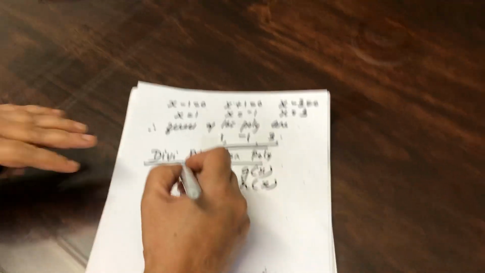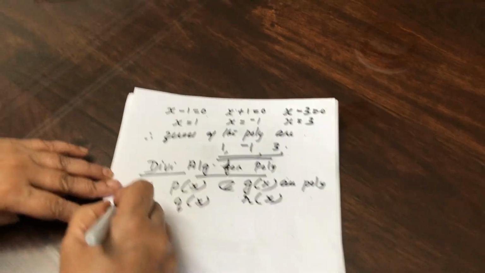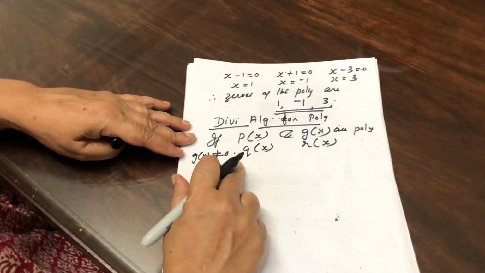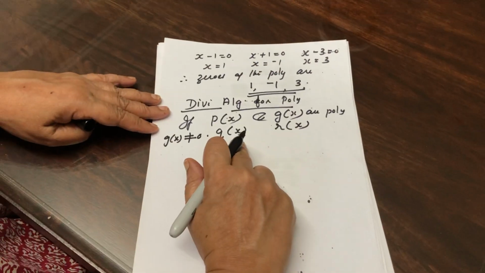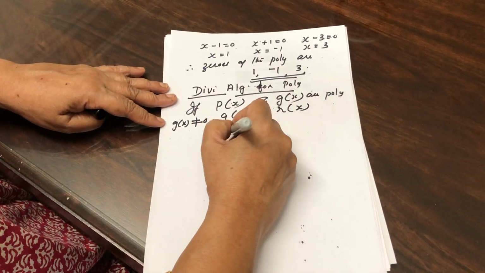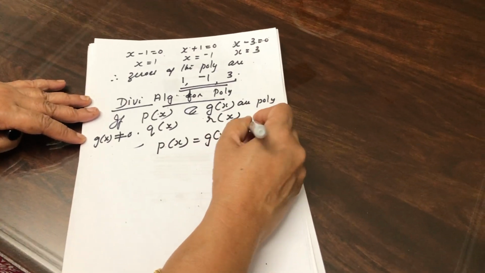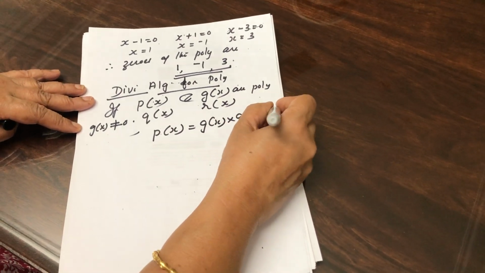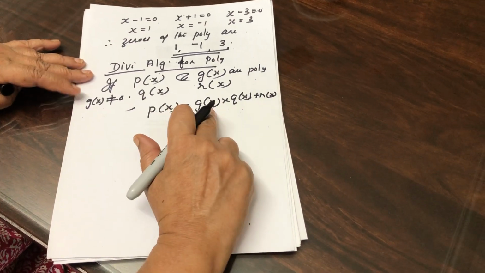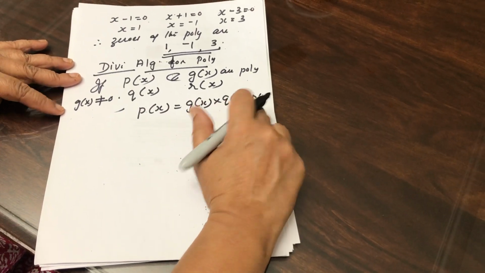That means if p(x) and g(x) are polynomials, g(x) is not equal to 0, that means divisor cannot be 0, then there exist 2 polynomials q(x) and r(x) which satisfy p(x) is equal to g(x) into q(x) plus r(x). Same as our Euclid's division lemma: dividend is p(x), divisor is g(x), quotient is q(x), and remainder is r(x).